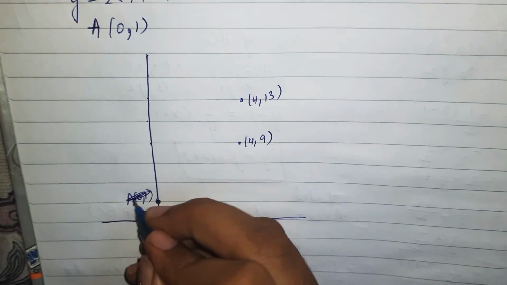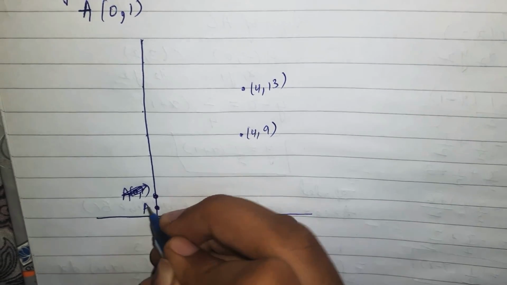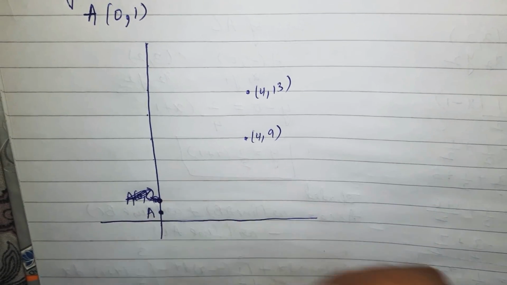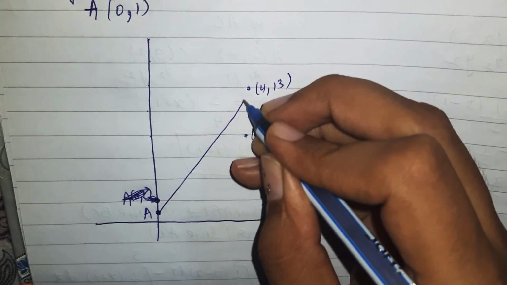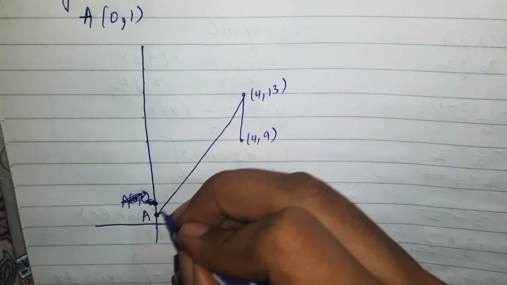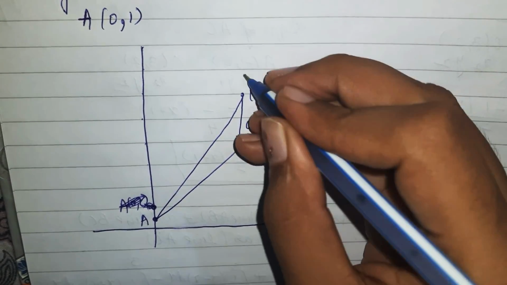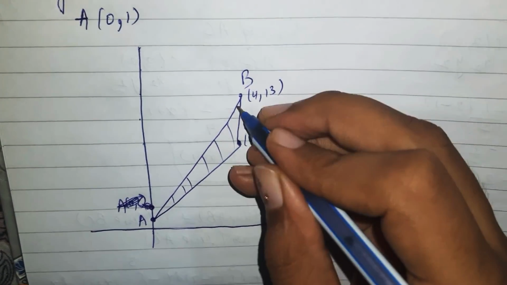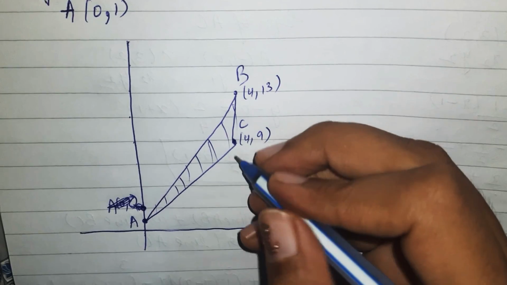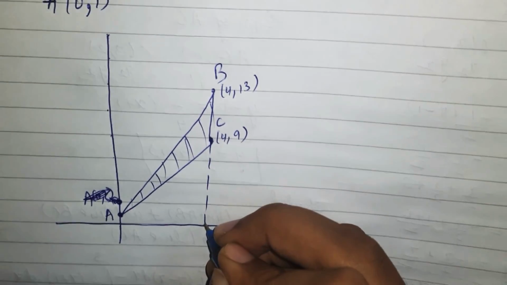So if I want to write, let's suppose this will become your A instead of taking this. Fine. So if I am taking like this, by joining these points, I will be getting this triangle. So this is C, this is B. So I need to calculate this area. So what I need to do, let's suppose this is the extended line I have made just to check the limit.